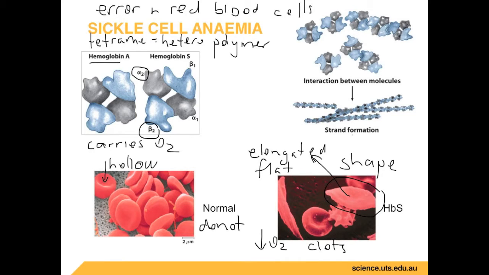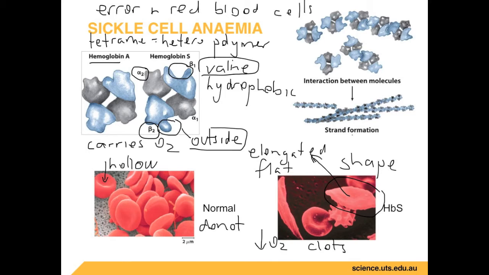Sickle cell anemia is caused by a single amino acid change. And remember that with proteins, sequence gives structure, gives function. We have a single amino acid change in which a valine, which is a hydrophobic amino acid, gets situated on the outside of the fold. Now that this valine is on the outside of the protein, it has to interact with water.